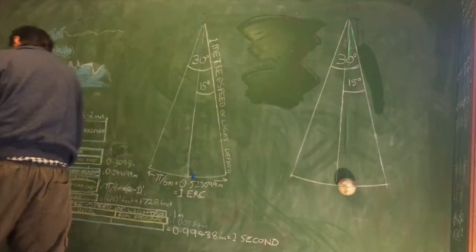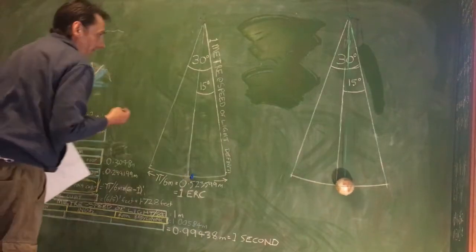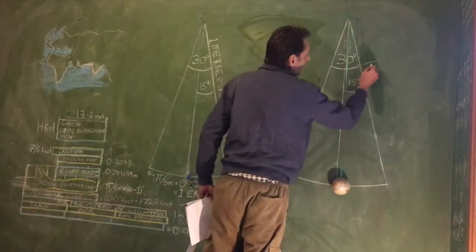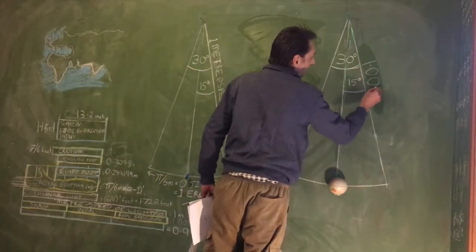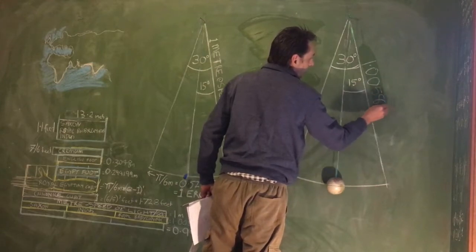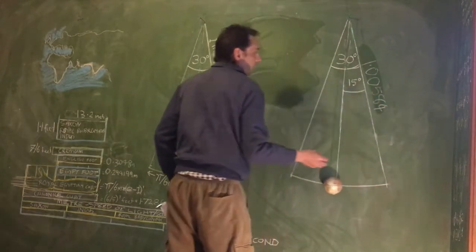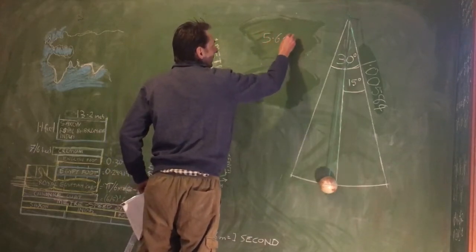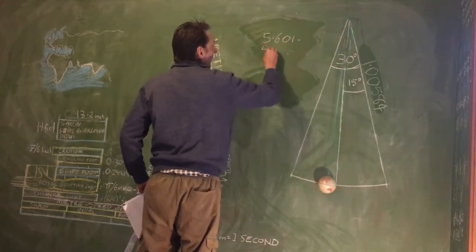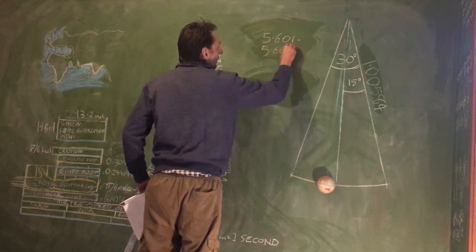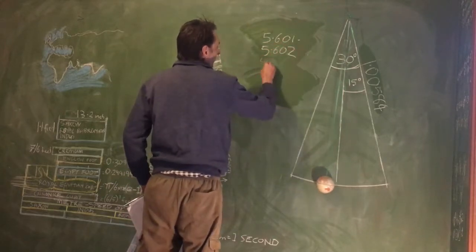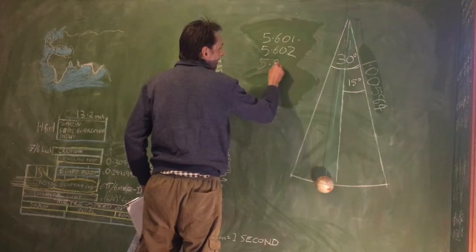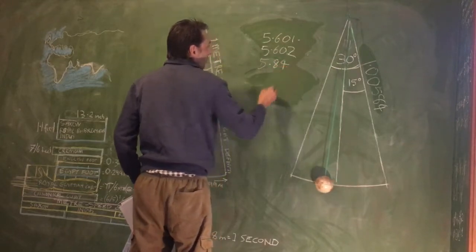Now if I extend the pendulum, let's just say I've extended it to 1.00584 metres. Okay, so that margin of error we saw was 5.601 or 5.602. So now we're adding 5.84 millimetres.